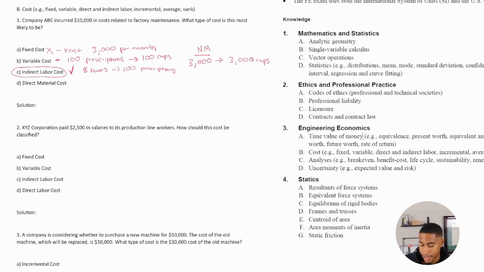Now it could be maybe an indirect material cost depending on how much they may need lube or something to help with maintenance or these type of things, but it's not one that is like a direct material cost would be the pills that you're actually putting in, right?